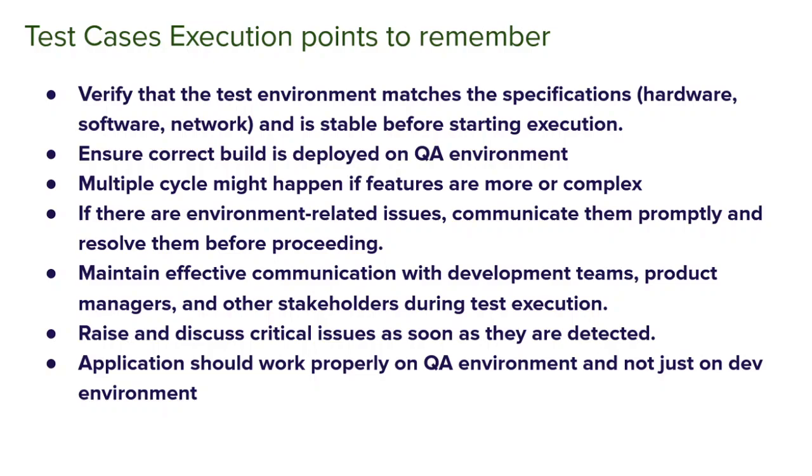Sometimes you log some issues and the developer might say that the behavior is happening correctly on the dev machine, but it is not happening correctly on the QA environment. So you should not accept that. Ideally, everything should work correctly on the QA environment as well, and not just on the development environment.